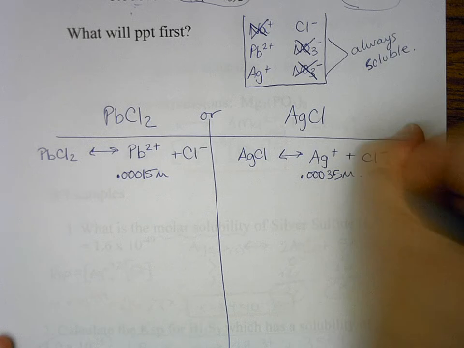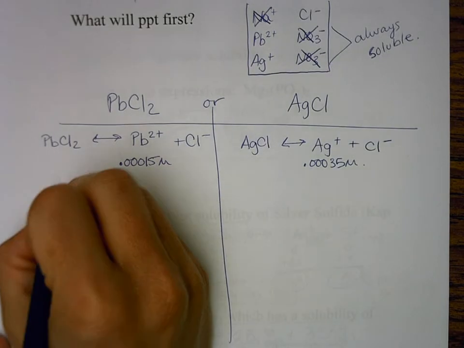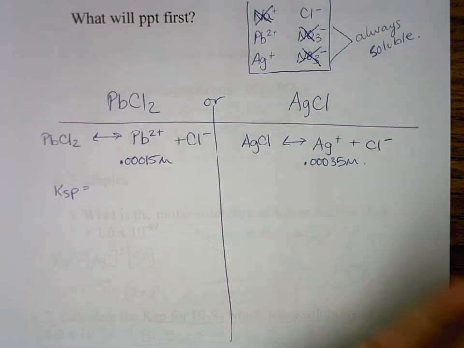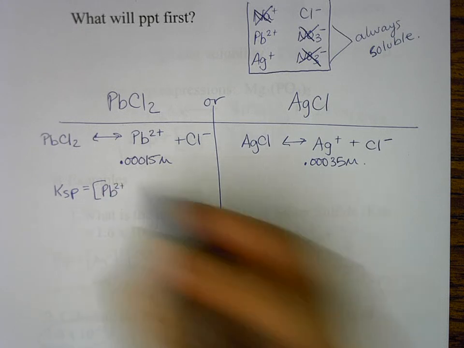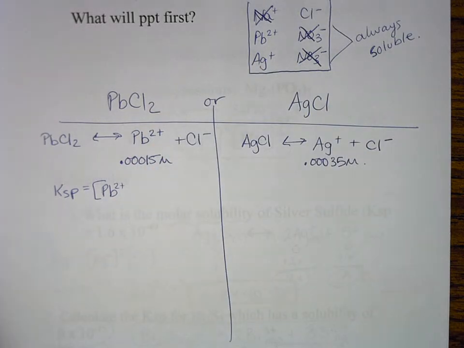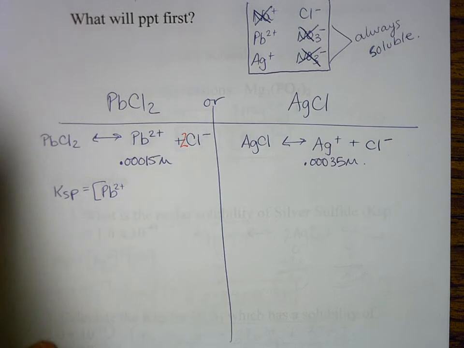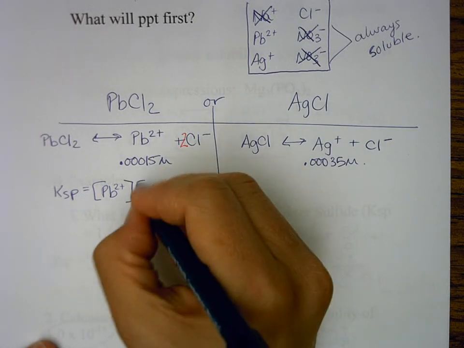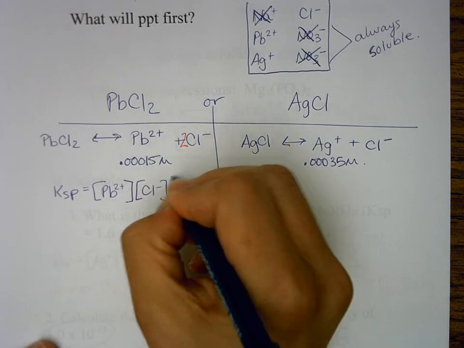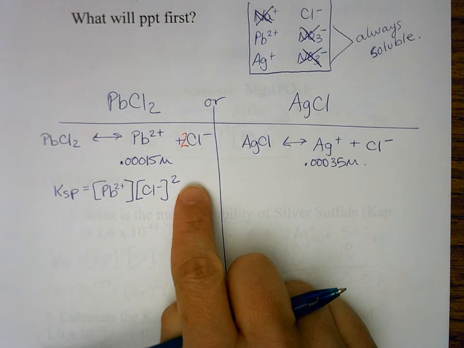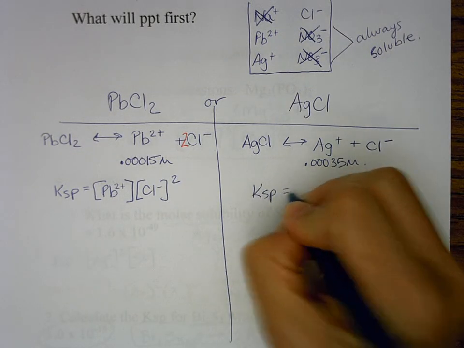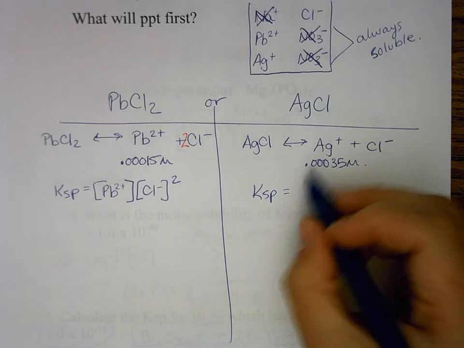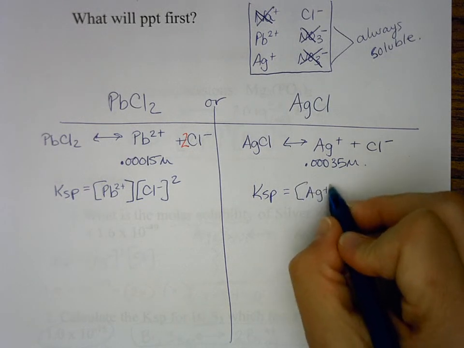If I write out the KSP expression, it's the concentration of lead. I didn't balance this. There should be 2 chlorides there, so the chloride concentration needs to be squared. The KSP expression over here is silver ion concentration times chloride ion concentration.